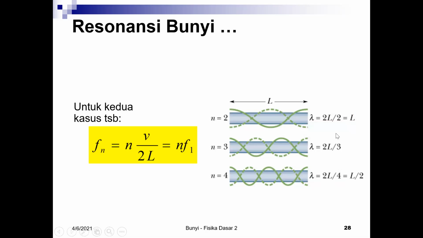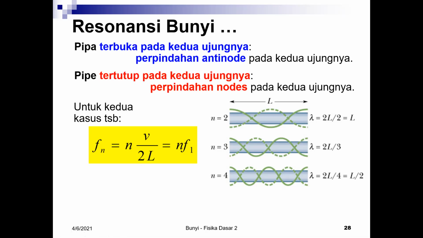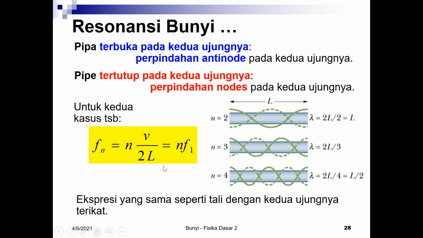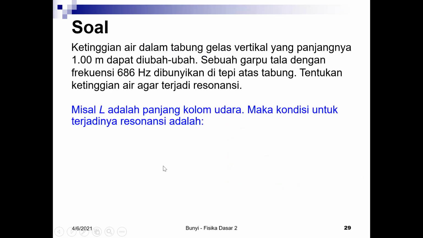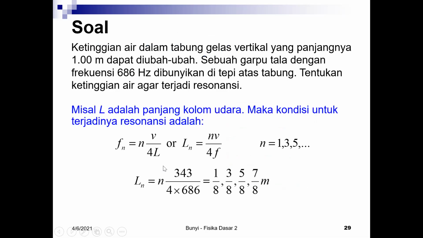For this case, with both ends open, for n equal 1 we have lambda equal to 2L, while for n equal 3 lambda is equal to 2L over 3, etc. And then we get Fn equal to n V over 2L, which equals n times F1. We have also discussed this one.